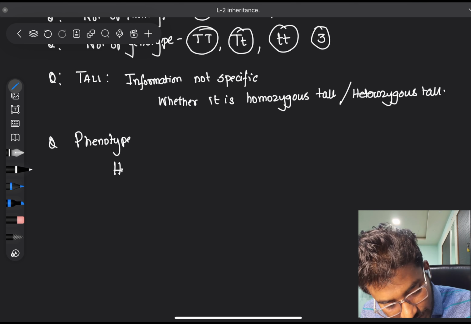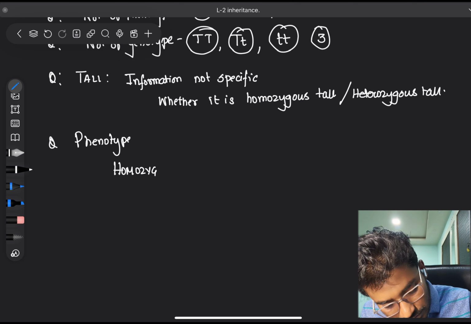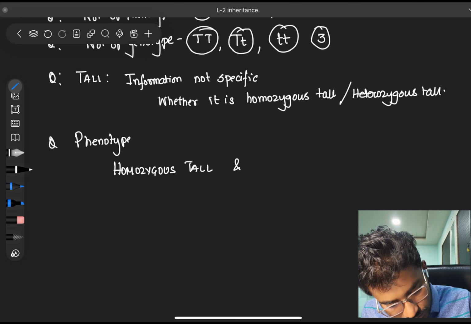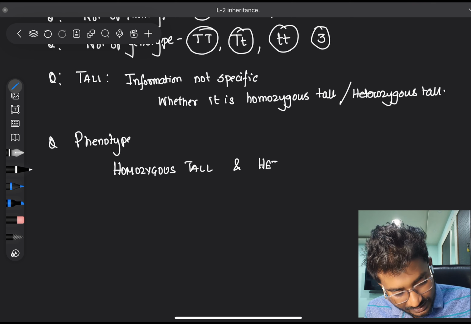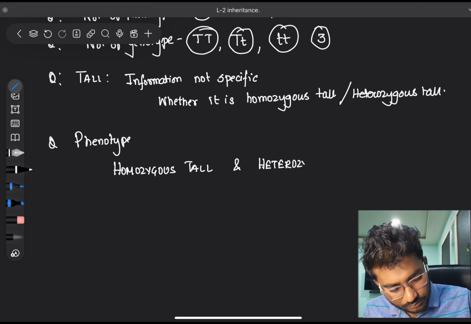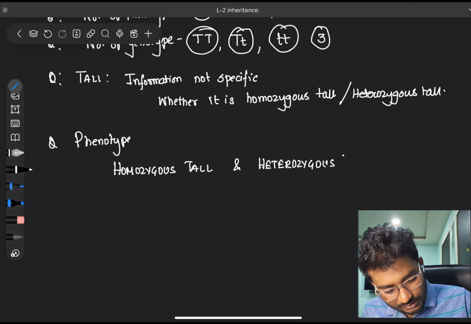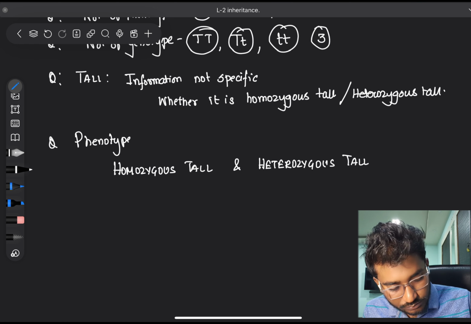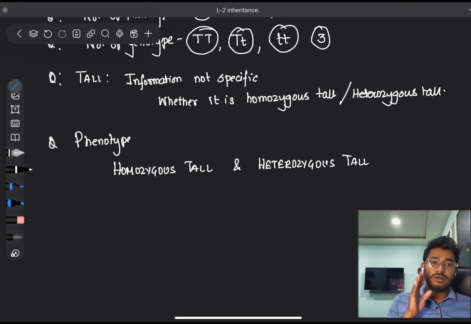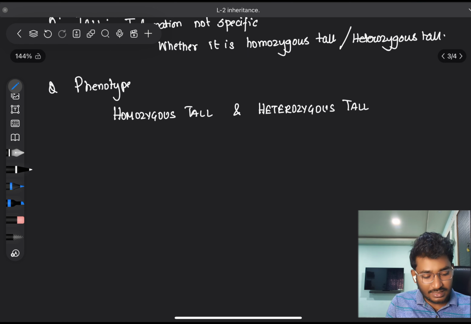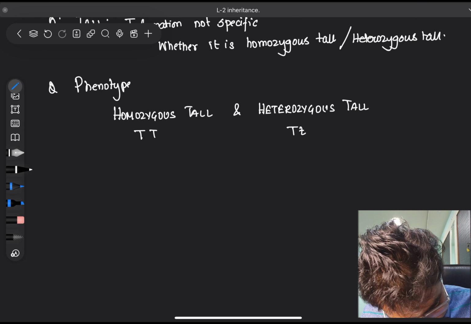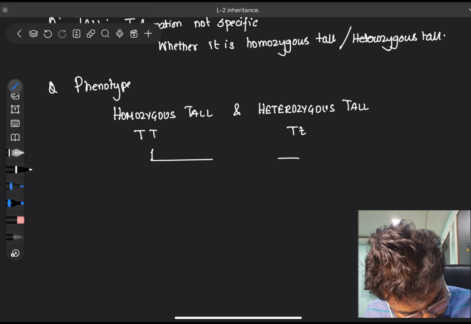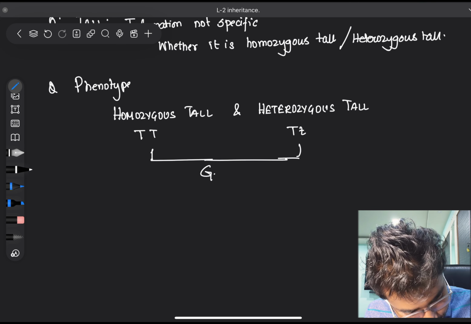Phenotype is homozygous tall and heterozygous tall. So homozygous tall and heterozygous tall. Homozygous tall, TT, heterozygous tall, Tt. These are the genotypes.